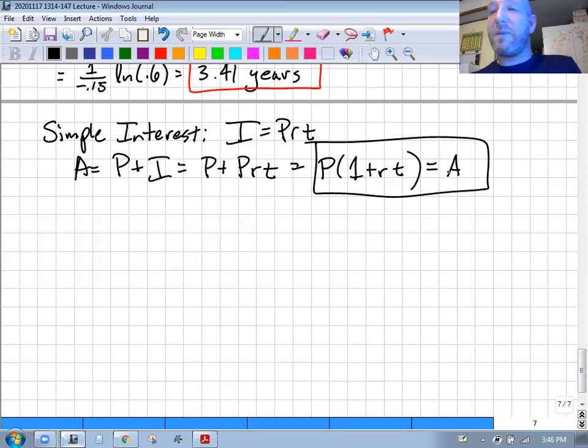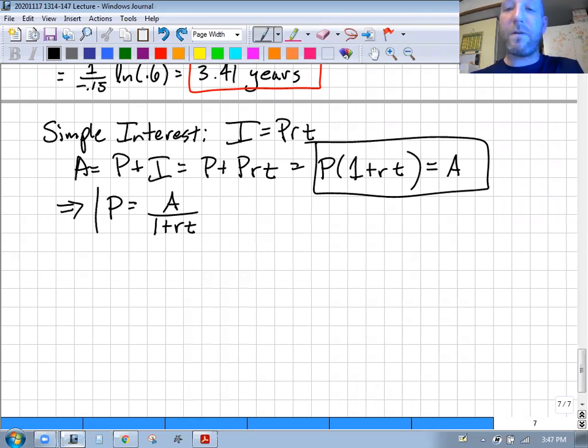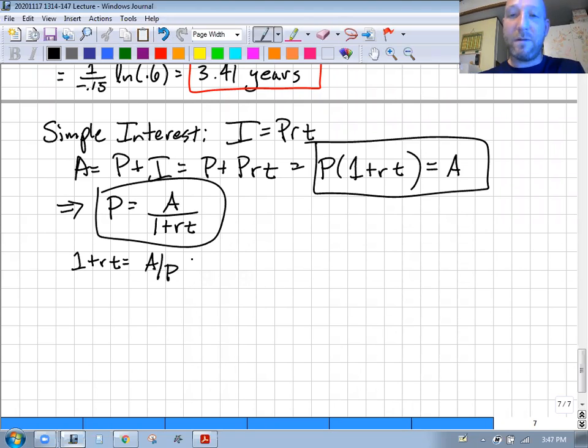Now, they might give you the amount. They might want you to solve for the principal or the rate or the time, right? You could rearrange this. If they ask for the principal, you'd rewrite it like that. Divide both sides by this guy, right? Or if they asked you for the rate, you divide both sides by P, and then subtract 1 from both sides.